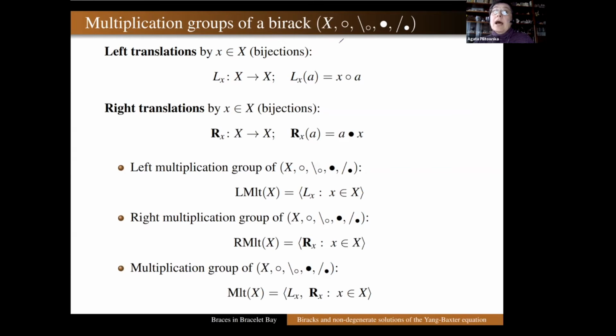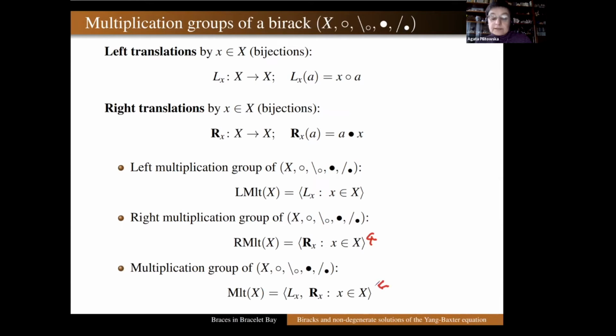And because we have 2 one-sided quasi-groups, all these translations are bijections, and they generate 3 types of groups related to a Birack: the left multiplication group generated by left translations, the right multiplication group generated by right translations, and the general multiplication group, which is generated by left and right translations.